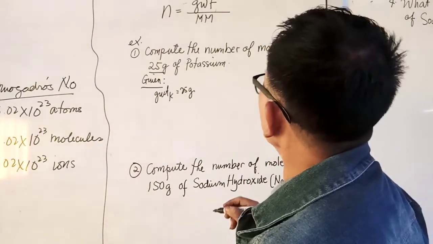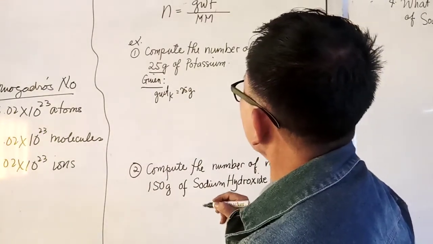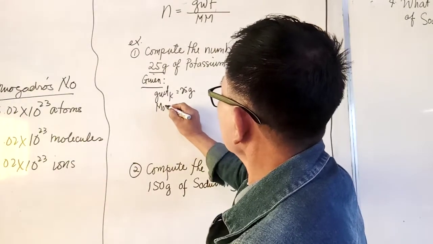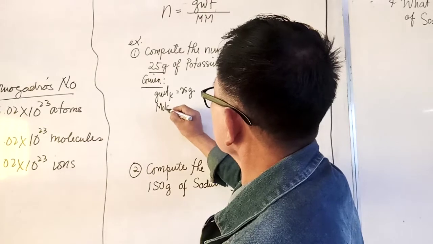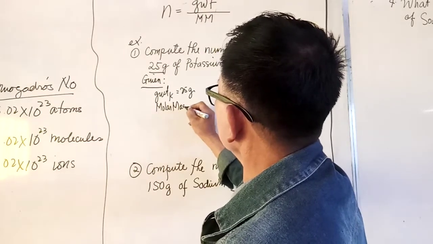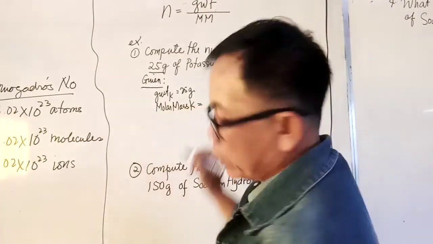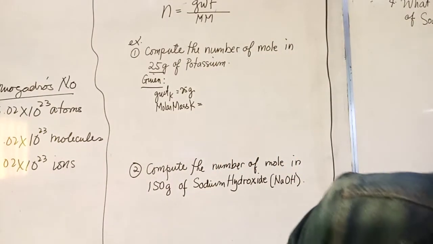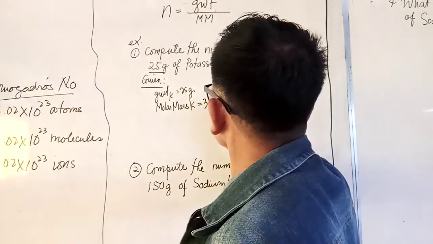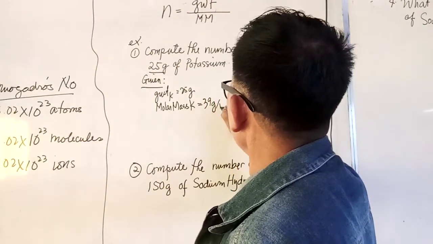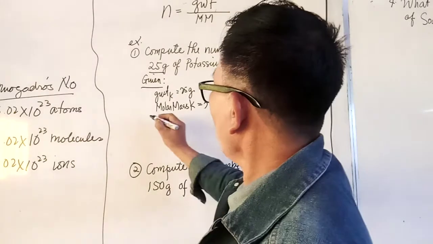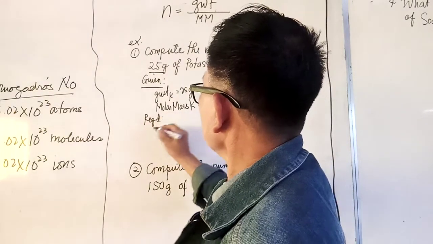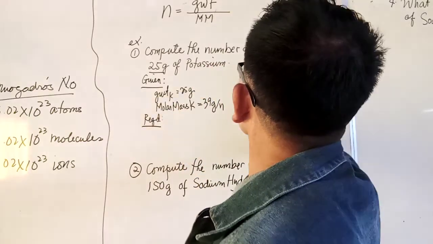Another given here is the atomic weight or the molar mass of potassium, which is 39 grams per mole. What is required from this problem is the number of mole.